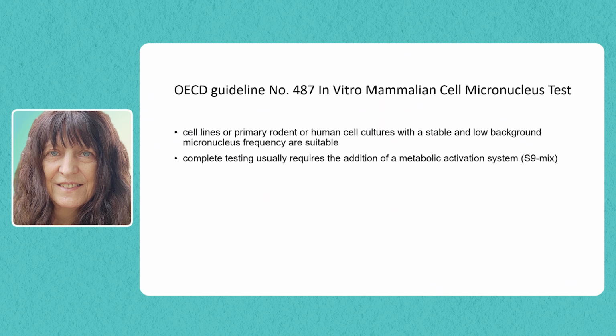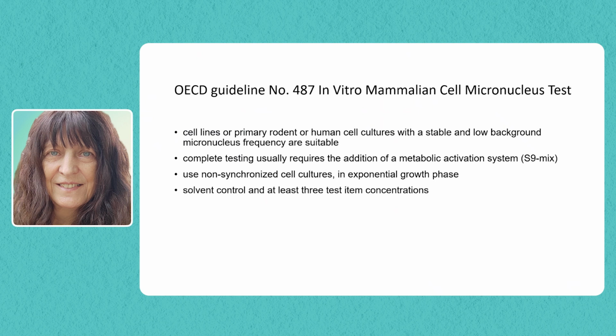Usually, a metabolic activation system is required. You have to add S9 mix to have a complete test. And you use normal non-synchronized cells usually that are in exponential growth phase. They have to be in exponential growth phase so that they can go through mitosis and express the micronucleus.